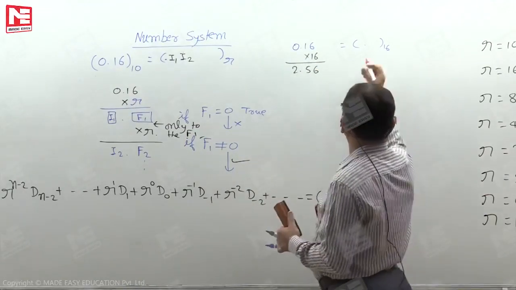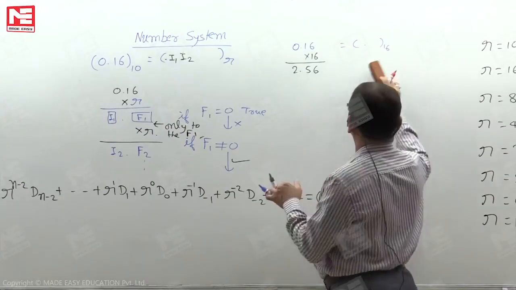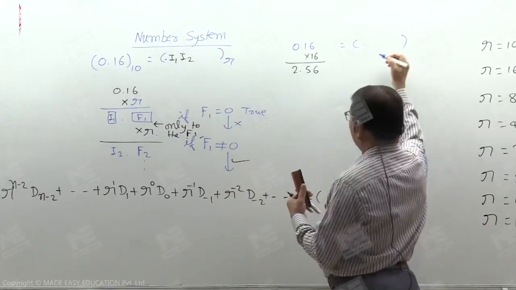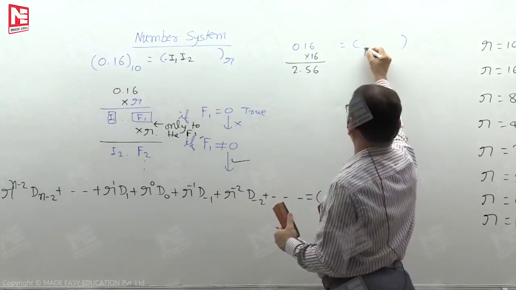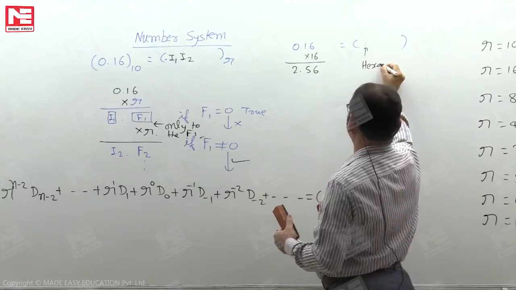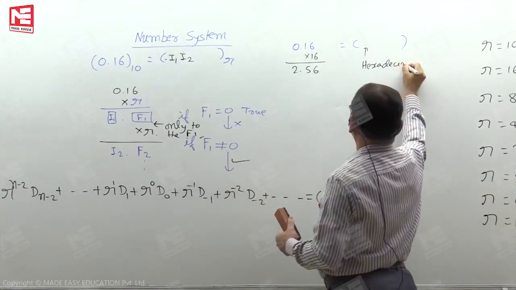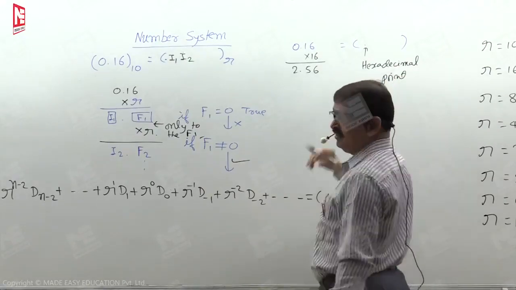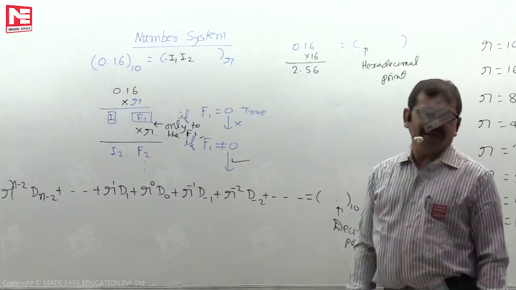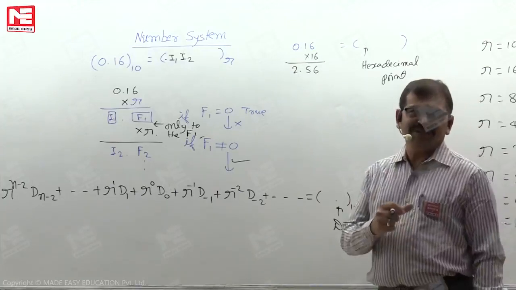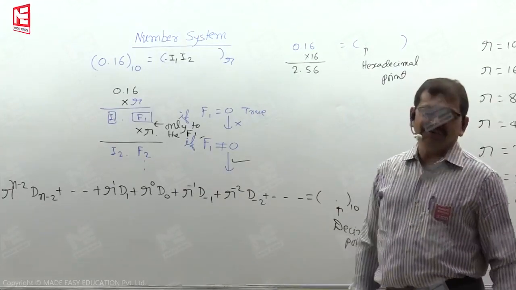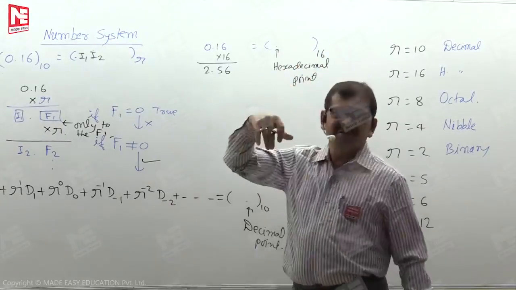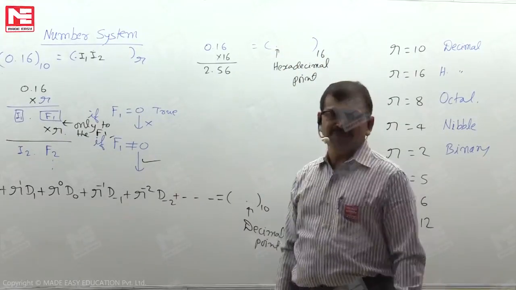Hence, after this hexadecimal point, we name it a hexadecimal point. Don't name it a decimal point. The word decimal point we use whenever the number is with the base of 10. When the number is with the radix of 16, it is supposed to be named the hexadecimal point.